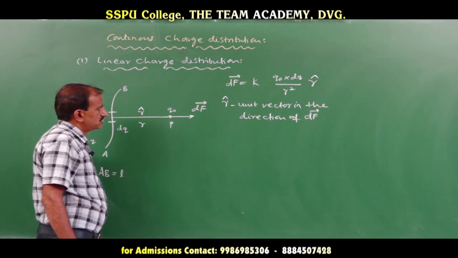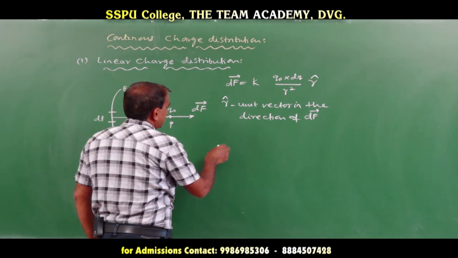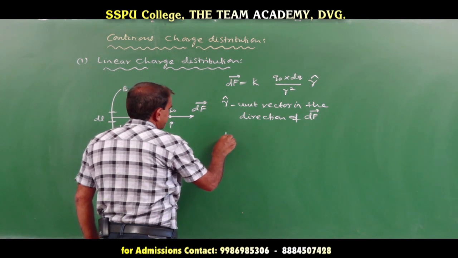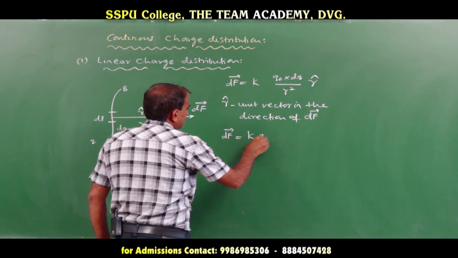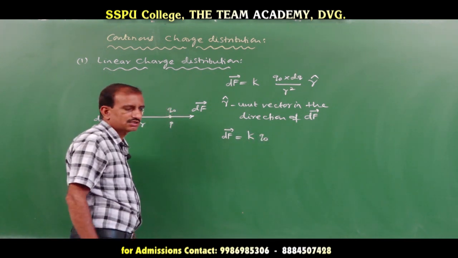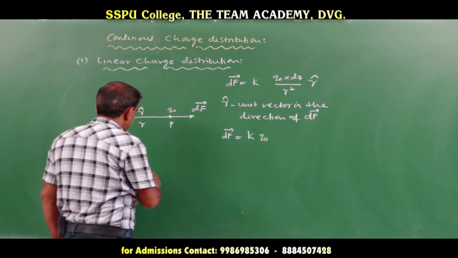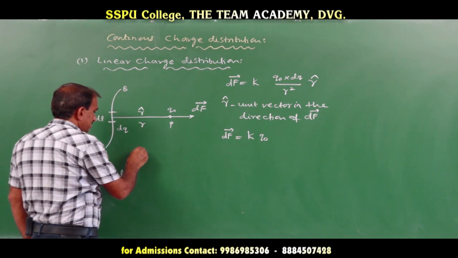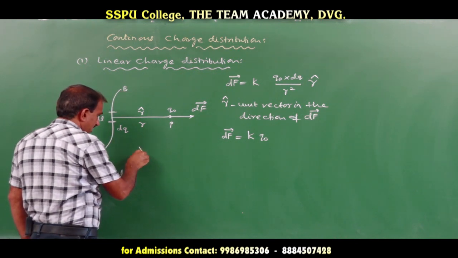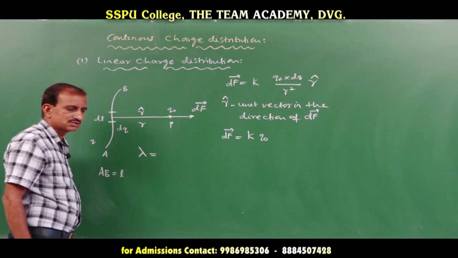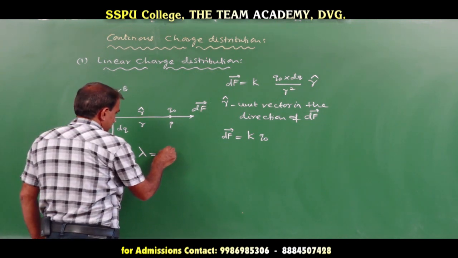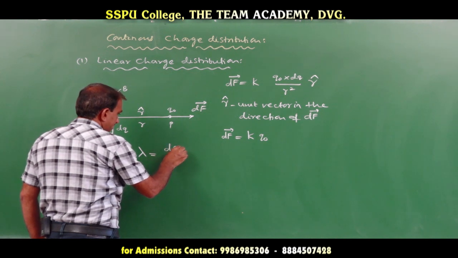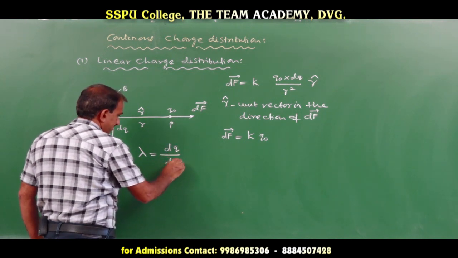Now the force can be written as dF equal to k into q naught into dq. What is dq? The linear charge density lambda is the charge per unit length, dq by dl.